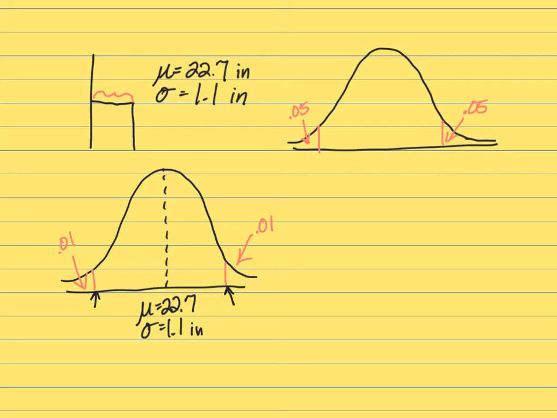So the way we do that is we say, okay, we don't know what that value is, but we know what its z-score is because we can look that up in the table, right? We can look up the value for the z-score that has an area to the left of 0.01. And so if you look up in the table, the z-score that has the closest value is negative 2.33.